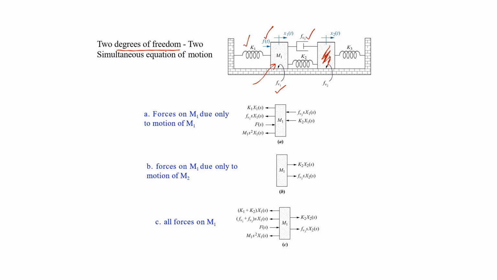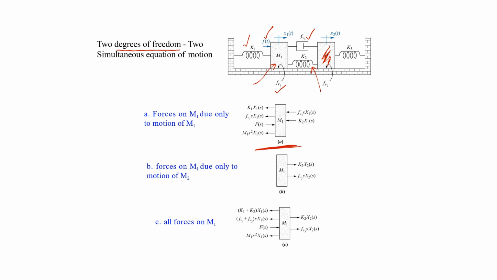One is due to this viscous friction, and the other is due to this spring. So how many total forces are there? There are 1, 2, 3, 4, 5, 6 forces being applied on the mass m1, and we can see in this figure A that we have a total of 6 forces.